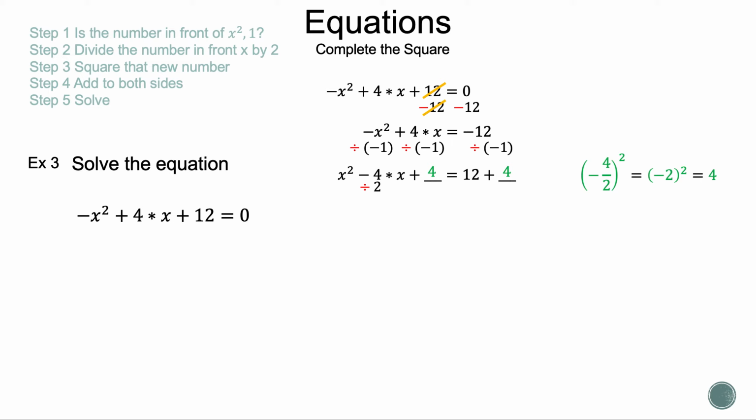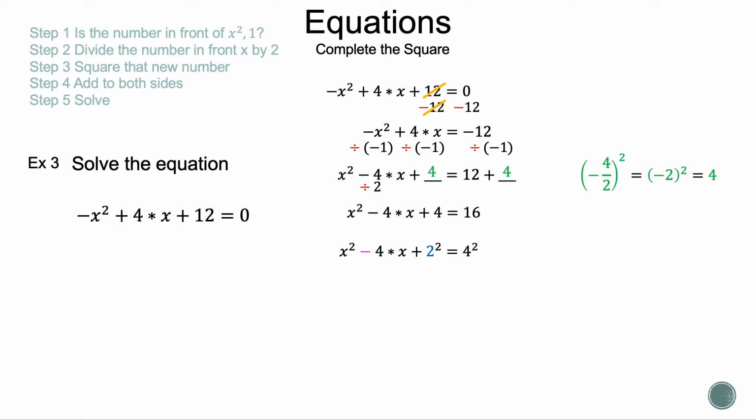Now let's go ahead and simplify the right-hand side and add the 12 and the 4 to give us 16. So now we have x squared minus 4x plus 4 is equal to 16. We're going to go ahead and rewrite some of these numbers as something squared to help us once again factor. We're going to change 4 to 2 squared, and we're going to change 16 to 4 squared.